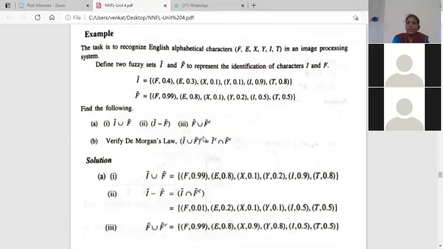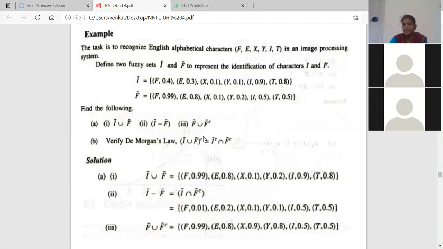example is to recognize English alphabetical characters. Okay, in an image processing system, defined two fuzzy sets which are representing, you need to identify I and F characters. For that, find I union F, I minus F, F union F's complement, and verify De Morgan's law.